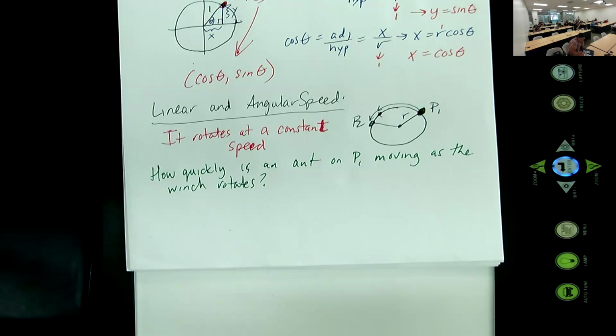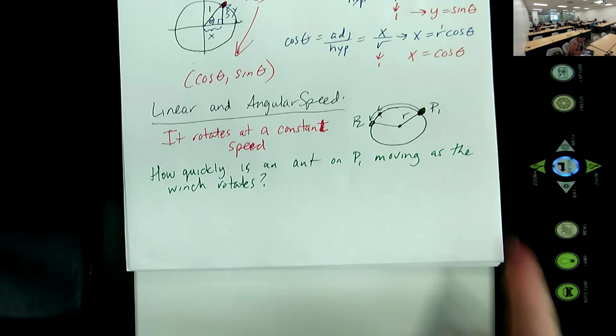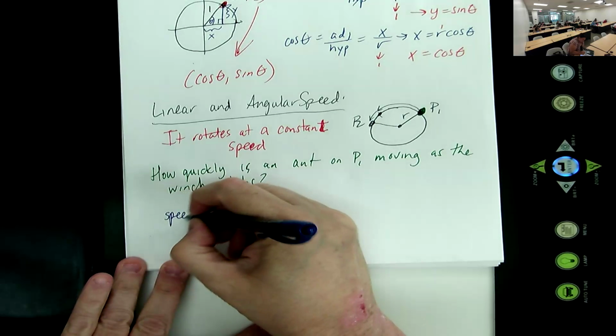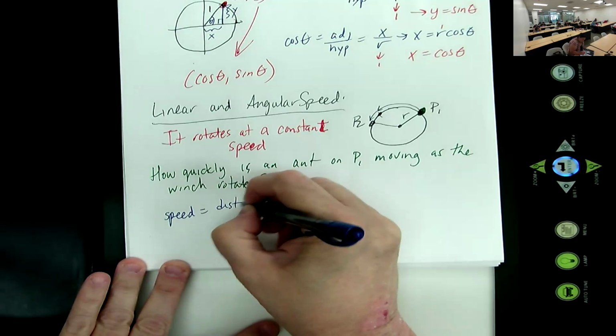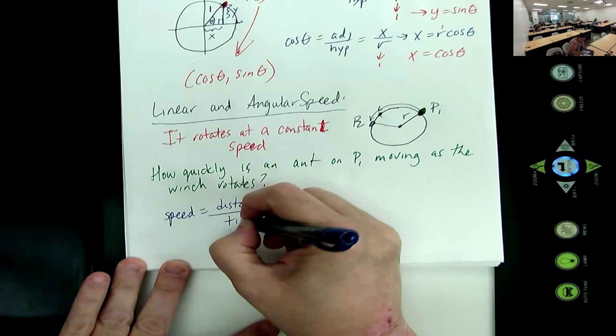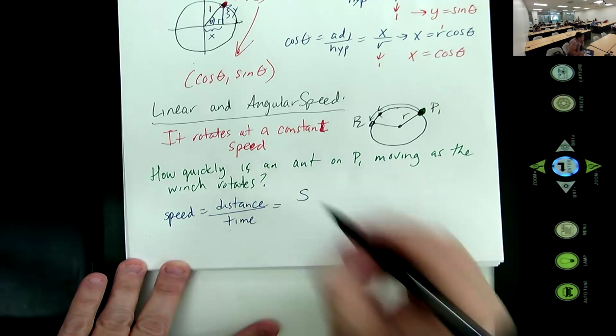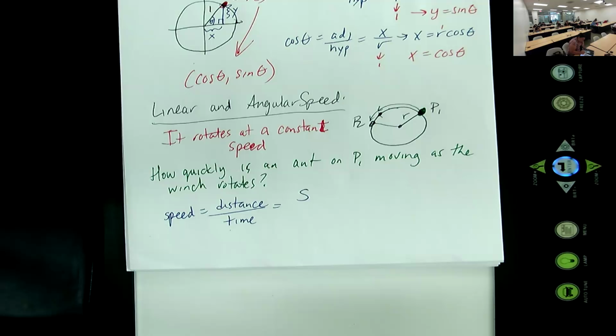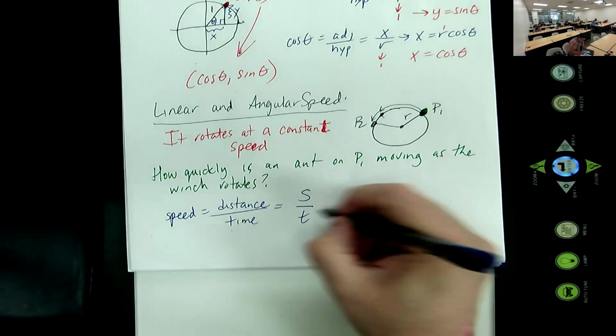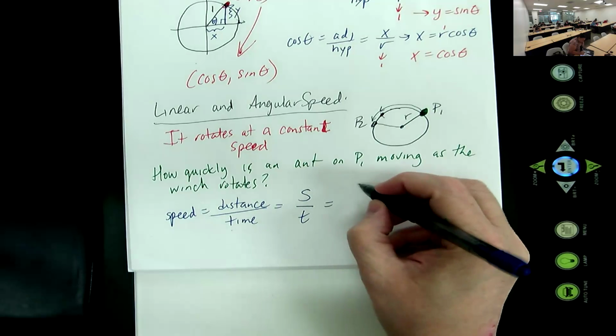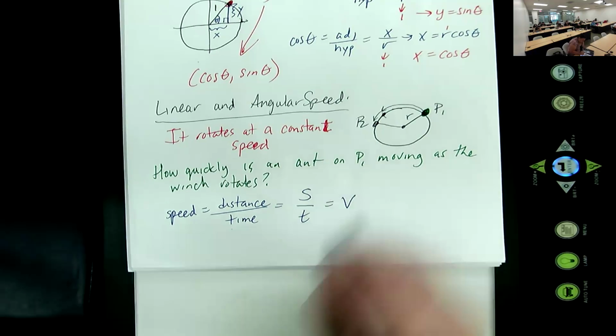We know speed in terms of a car, miles per hour. Speed is distance over time. And the distance this thing is traveling is S, over T. And we use the letter V for speed.